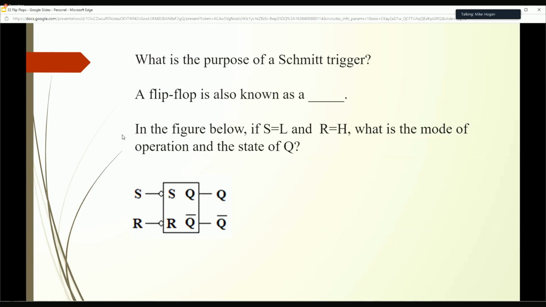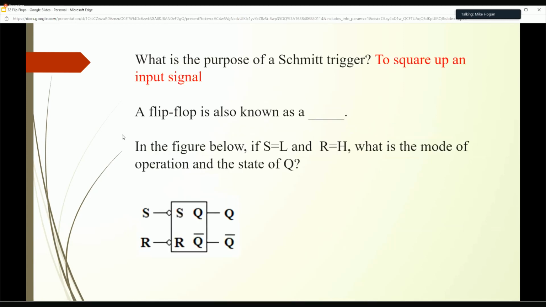That square waveform that we're going to get out. A flip-flop is also known as a latch. Yep.